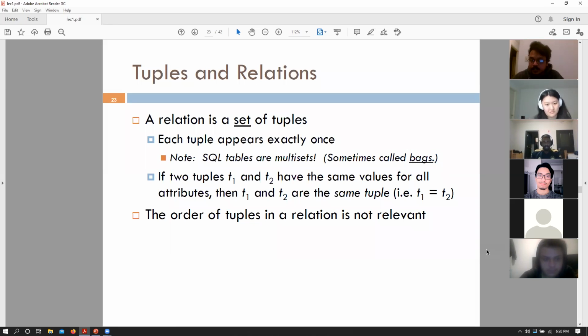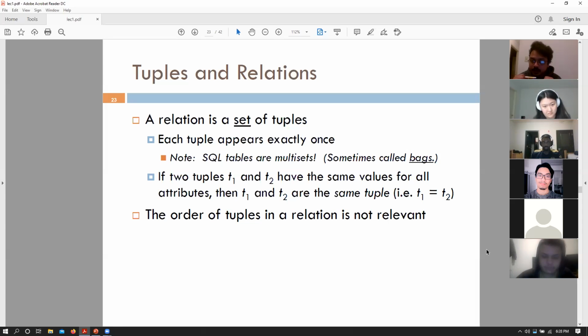But the traditional framework of relation models is that we have a set of tuples. Now, another statement that we can make for that is: if two tuples T1 and T2 have the same values for all attributes, then T1 and T2 are the same tuple, i.e. T1 equals T2. Now, this statement is invalid.